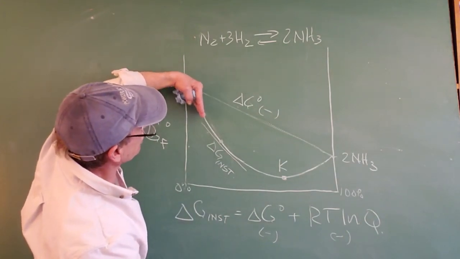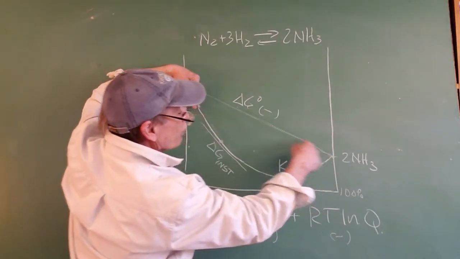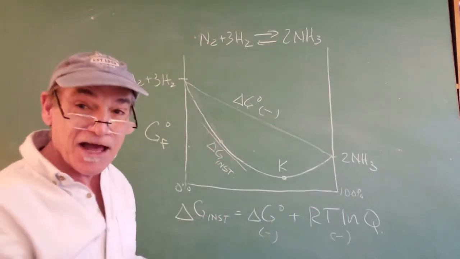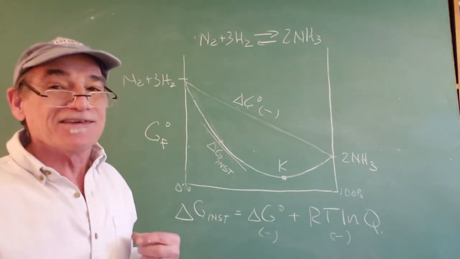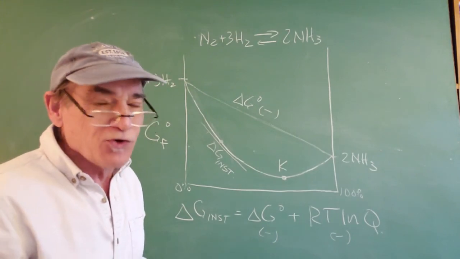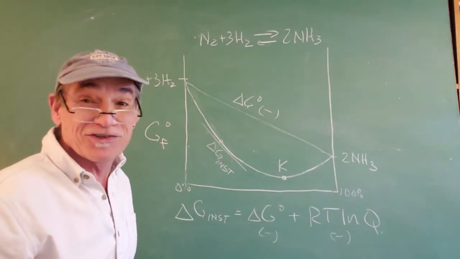If I put a tangent on there, the slope of that line is much more negative than the slope of the overall line. So you can see how the equation works. When Q is small, suddenly the delta G is more and more negative, meaning you haven't reached equilibrium yet. All right, well, that's kind of what we established.